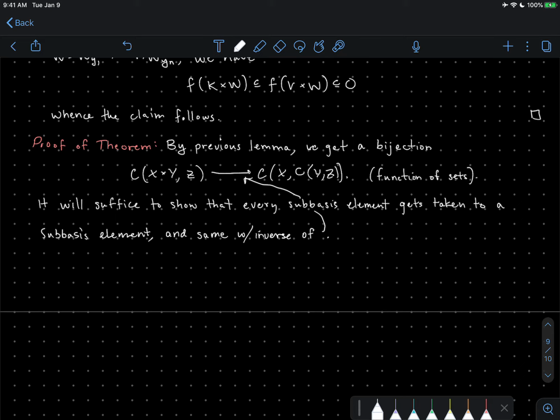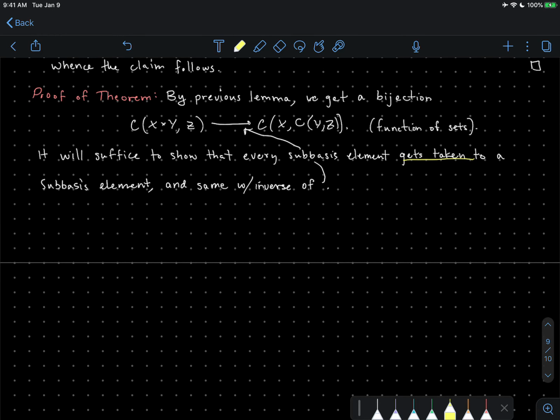And when I say gets taken to, what I mean is that a subbasis element U ends up actually equaling its image. I'm saying this poorly. You will see what I mean once I start actually going through this proof.